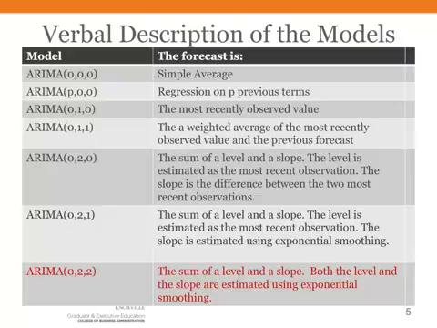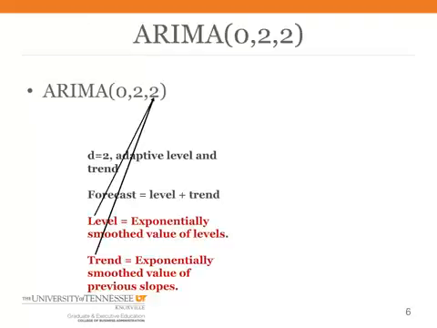So in the red there, we're showing the ARIMA(0,2,2) model is like the other trend models we've looked at. It has a level and a slope, or I'm using slope and trend interchangeably. And in this case, both the level and the slope are estimated using exponential smoothing.